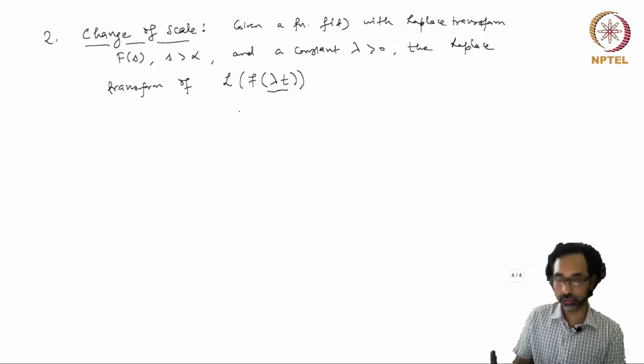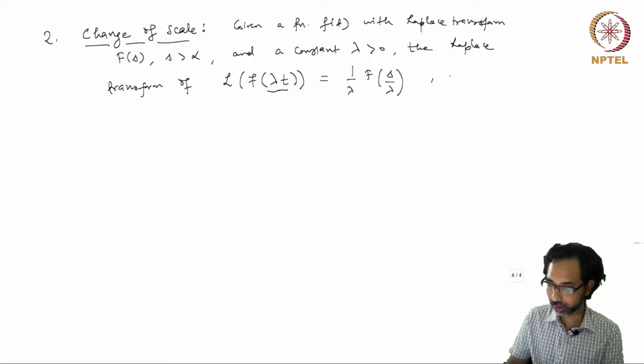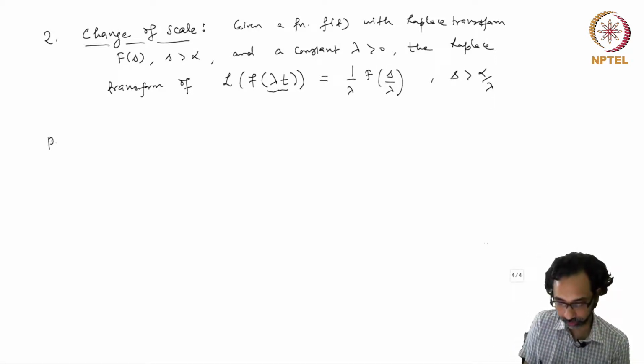We are changing the scale of the domain. So the Laplace transform of this function is given by 1 over lambda F of s over lambda, and this will be defined for s greater than alpha by lambda. So let's try to give a proof for this result.